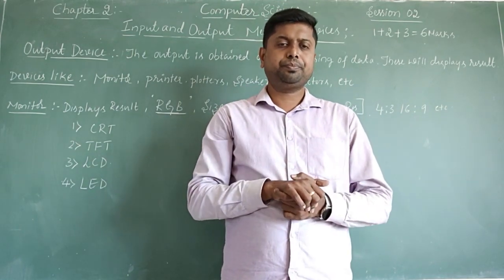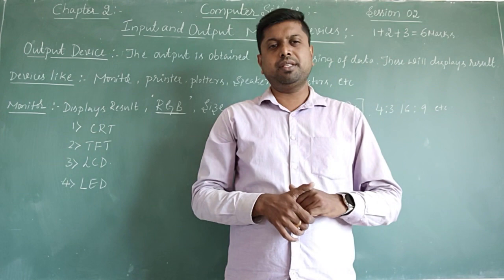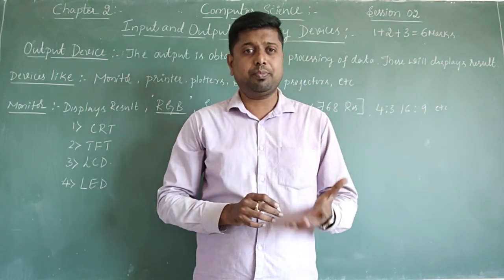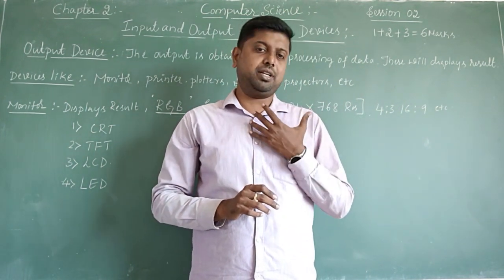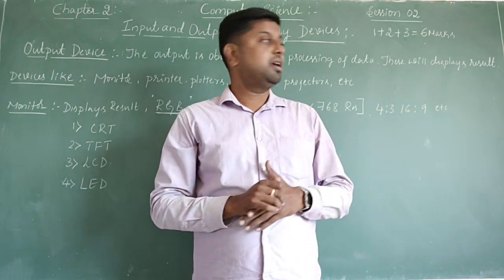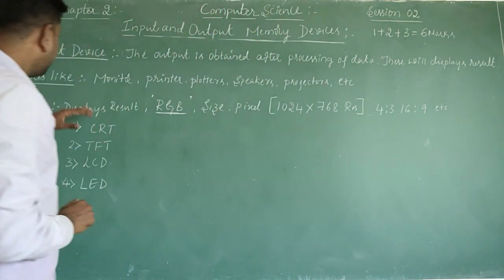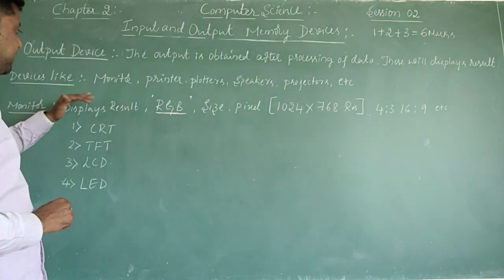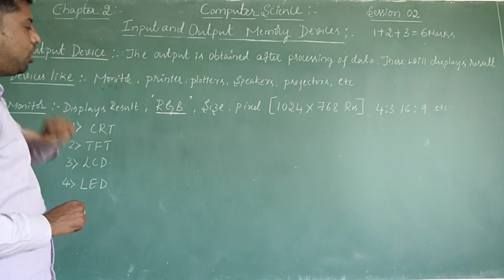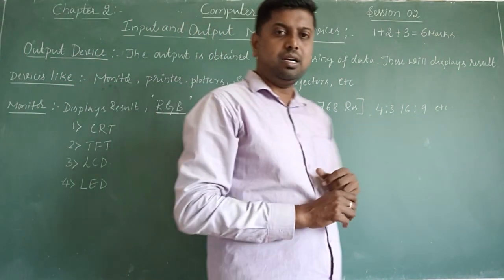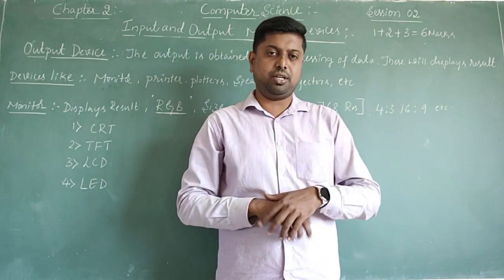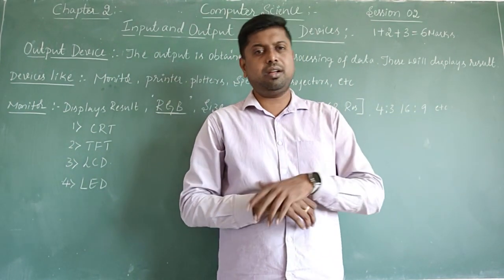Dear students, when we say monitor, present days we have so many different types of monitors. Later we will discuss them. But coming to the first device, the monitor, the output devices display the result with the help of the monitor, as the definition says. Then how does it display?